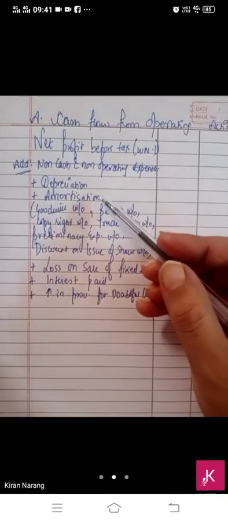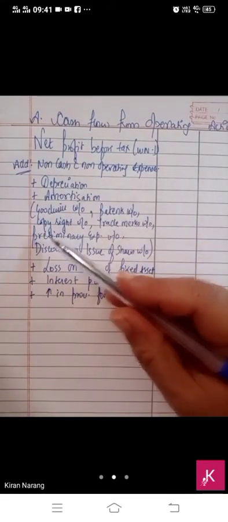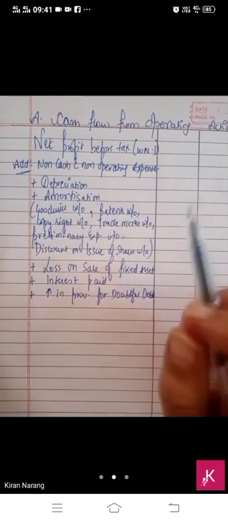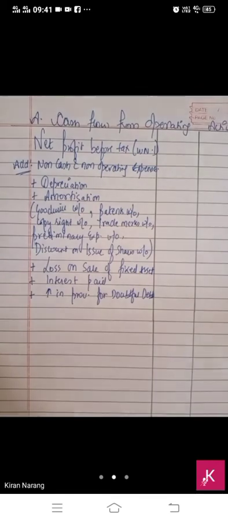So: depreciation, amortization, goodwill write-off, patents write-off, copyrights write-off, trademarks write-off, preliminary expenses write-off, discount on issue of shares write-off, loss on sale of fixed asset, and then interest paid. How much interest you have paid this year, you have to record it here. Then increase in provision for doubtful debt.